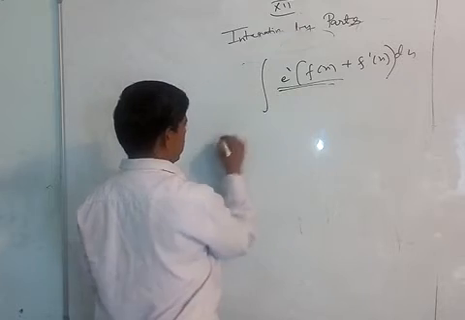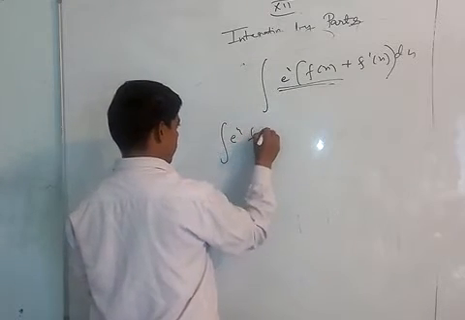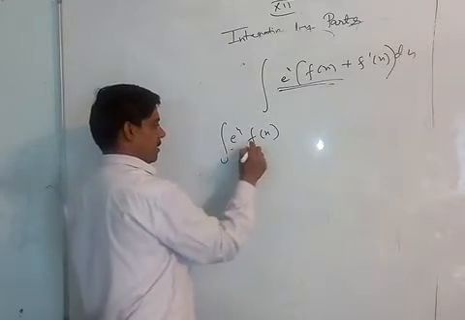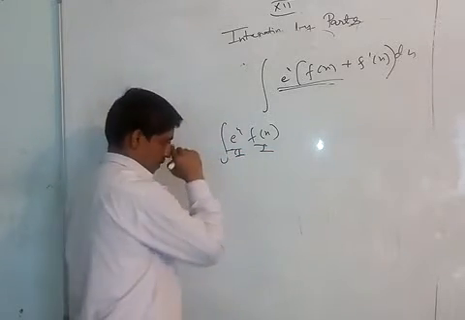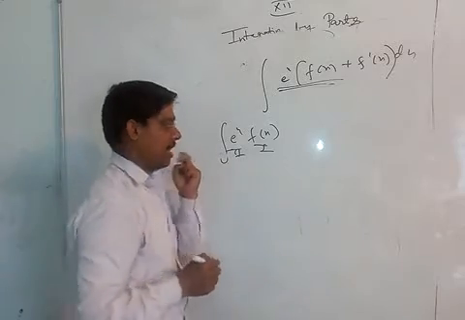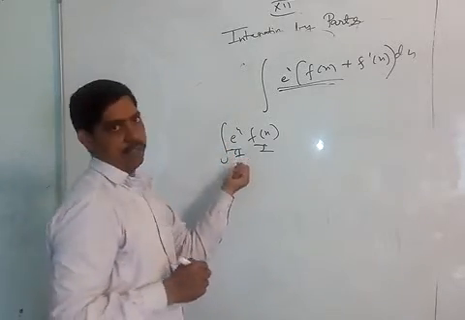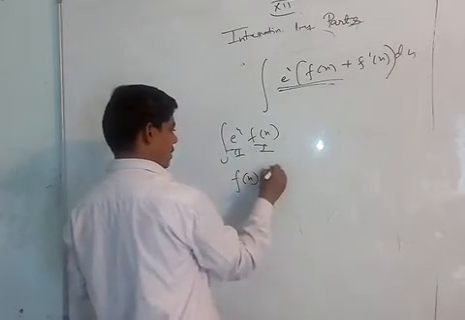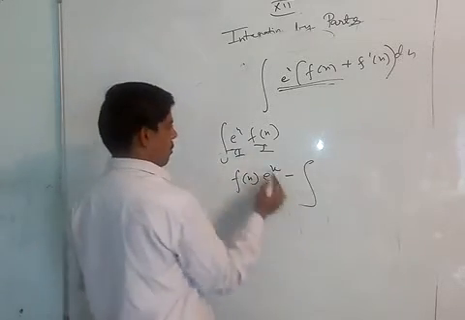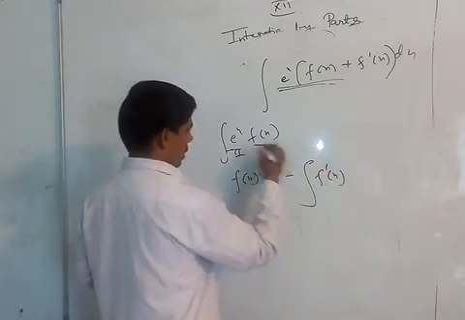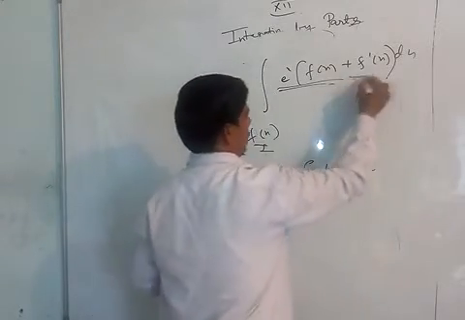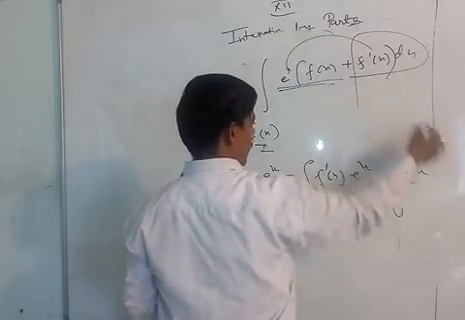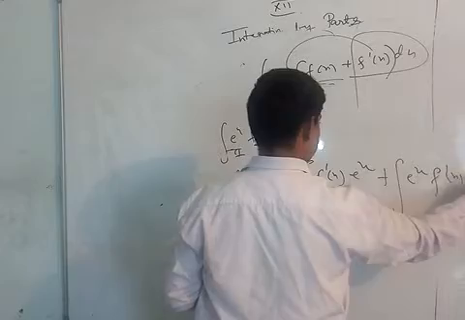Just look at this integration. e to the power x f(x): first function f(x), second function e to the power x, because ILATE says we should always take the exponential as the second function last. First function f(x), integration of e to the power x, minus differentiation of this, f dash(x), into e to the power x. And now see, this is also the integration of e to the power x into f dash(x) dx.